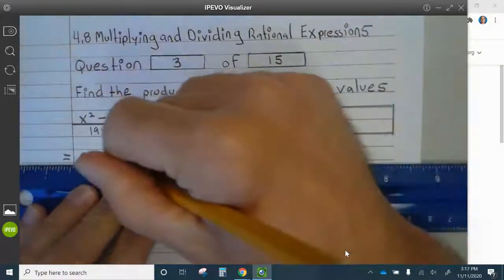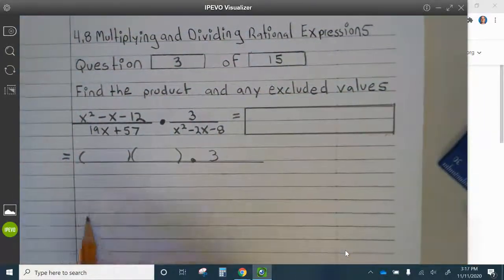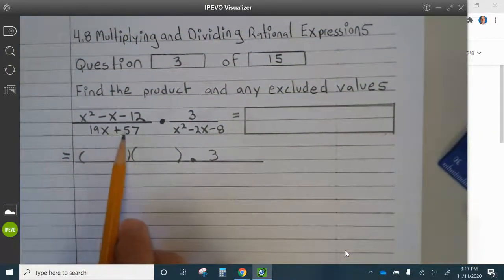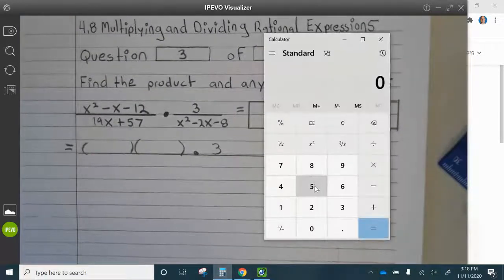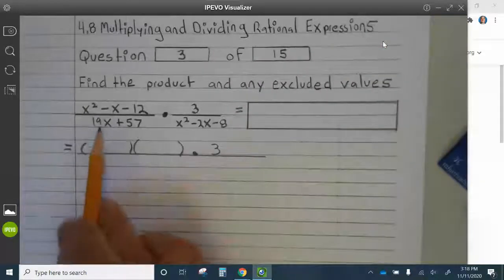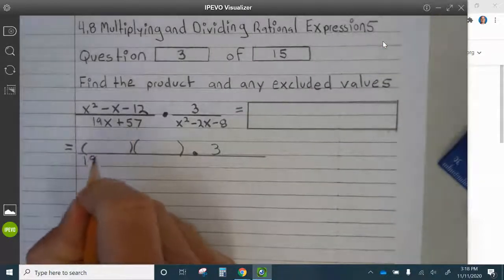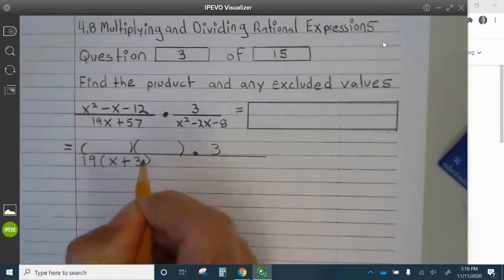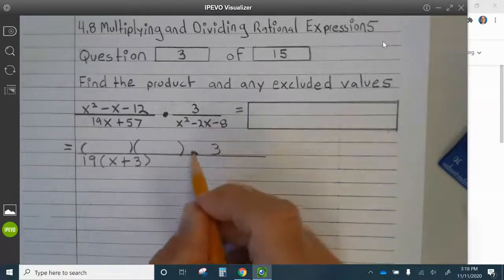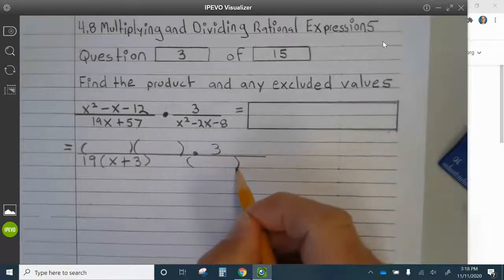Divided by, we can factor out, I'm almost certain 57 divides into 19, but let's check. 57 divided by 19 is 3. So we can factor 19 from both of those. So it's 19, which leaves x plus 3. And then we know to factor that, it's 2 parentheses.